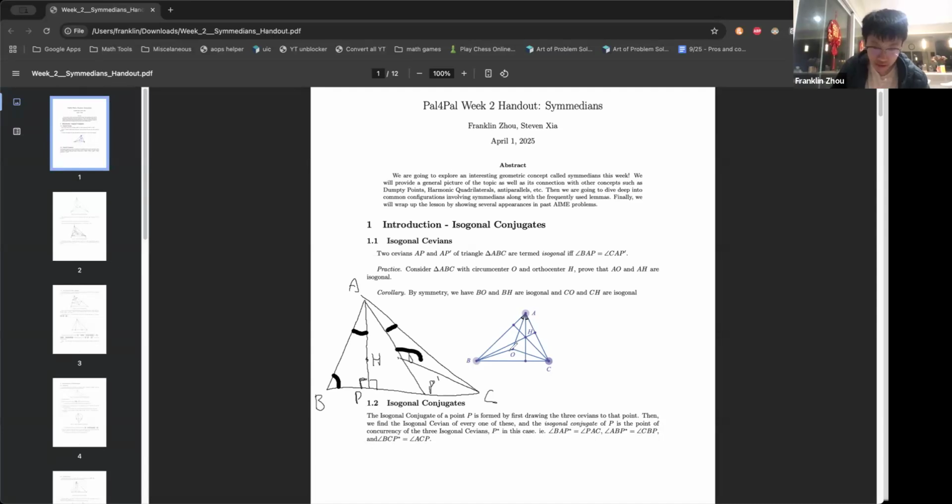To make the proof a bit more rigorous, we can write angle BAH as equal to 90 minus angle B, since we have a right triangle.